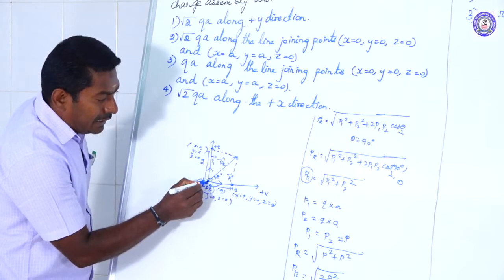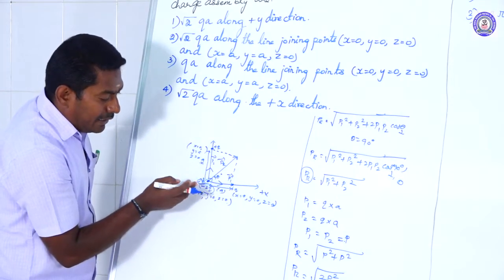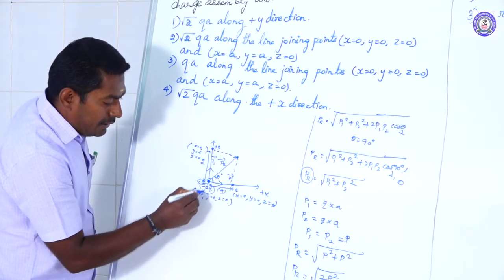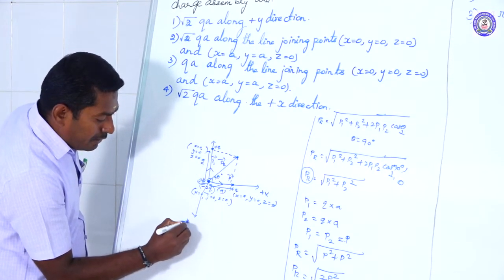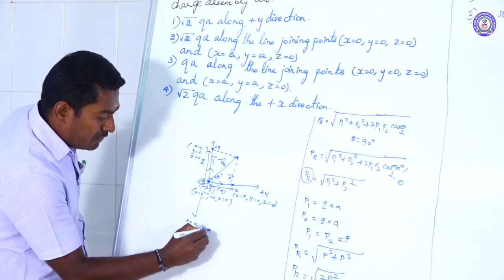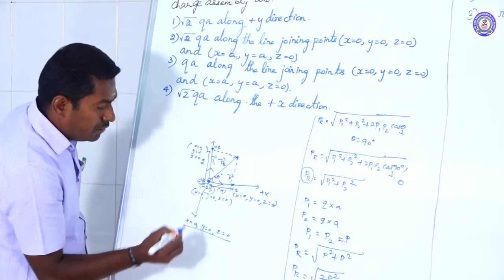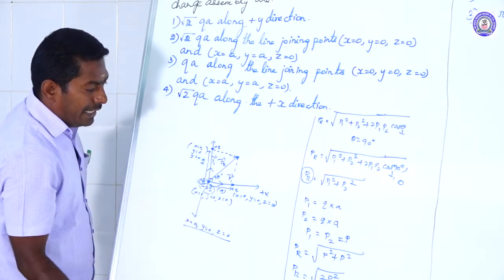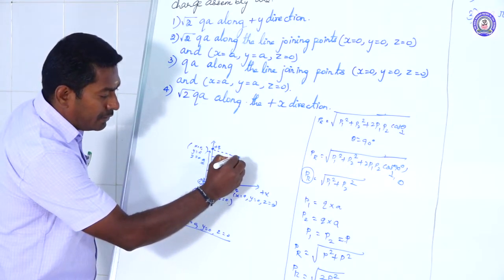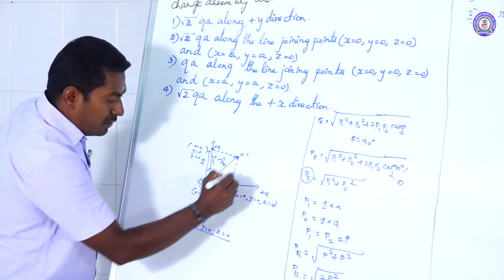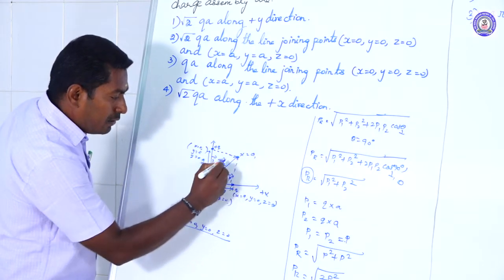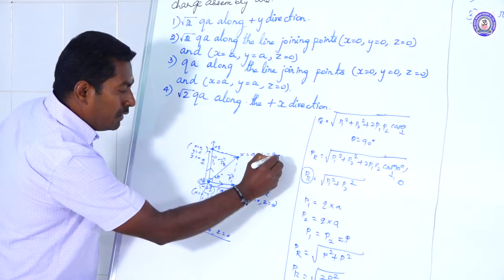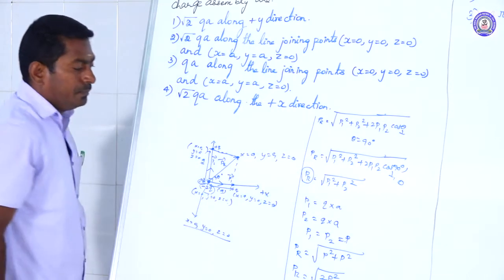The resultant electric dipole moment vector lies between two points. At the origin point, x is equal to 0, y is equal to 0, z is equal to 0. This is one point. The other point, along the resultant electric dipole moment direction, has x equal to a, y also equal to a, and z equal to 0.